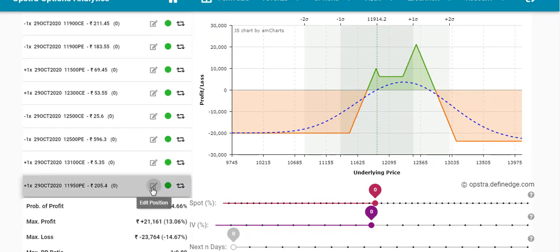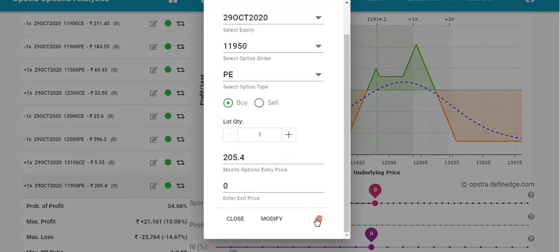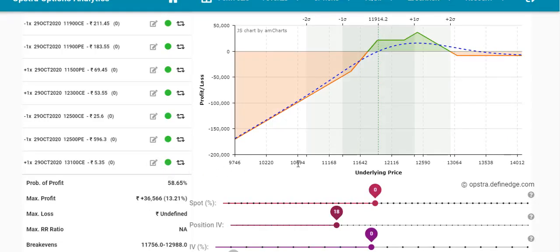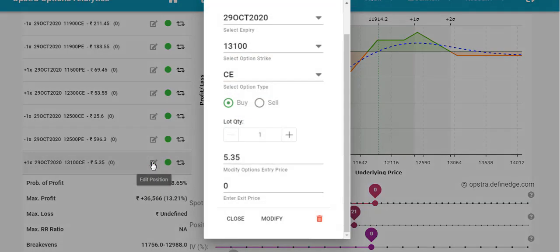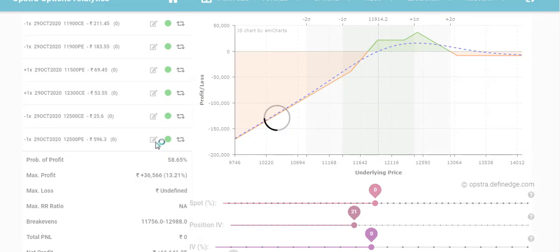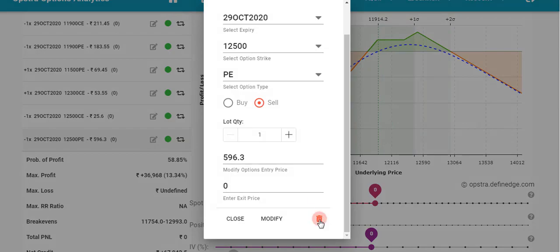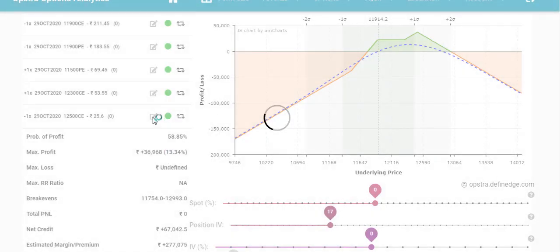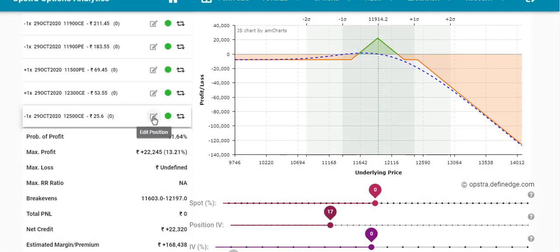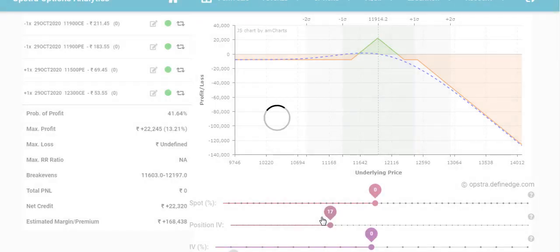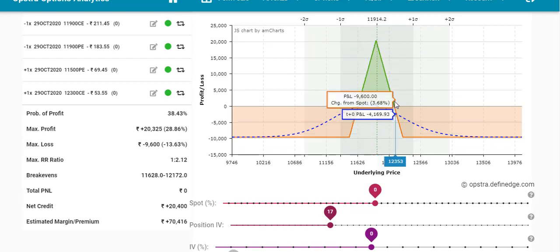Let me remove all this. So this is our normal iron fly strategy.